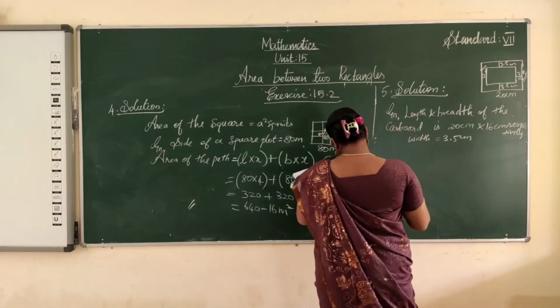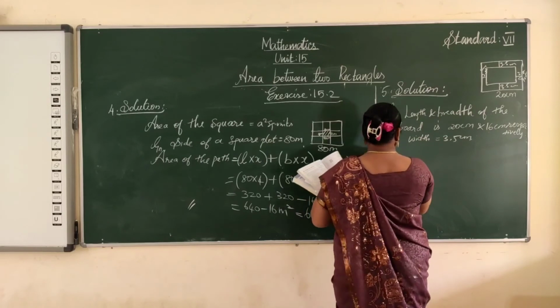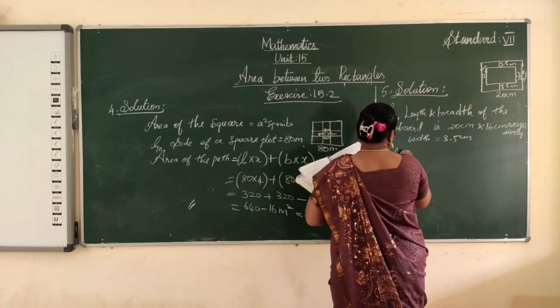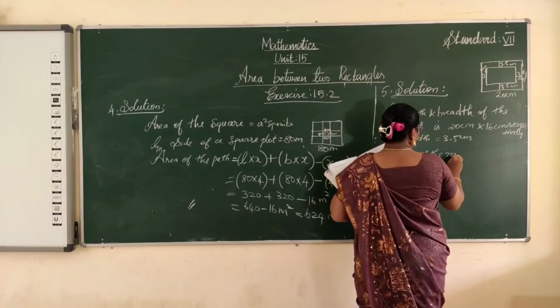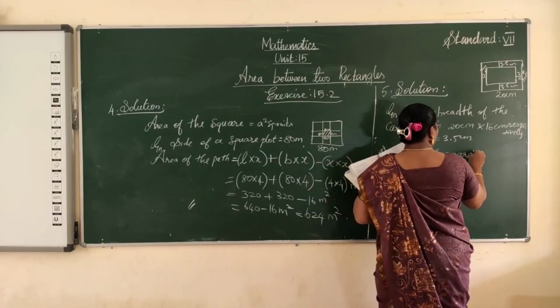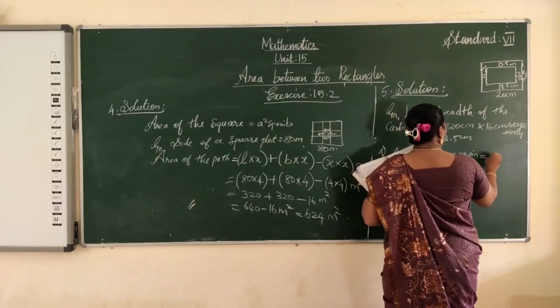Okay, right. The first one, area of the margin. The first option, area of the margin is equal to, what is the formula?